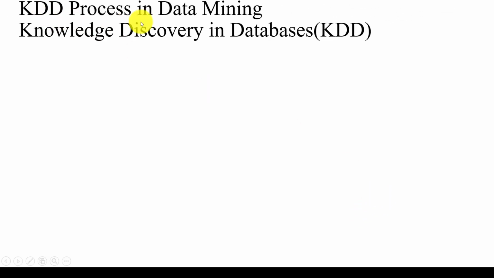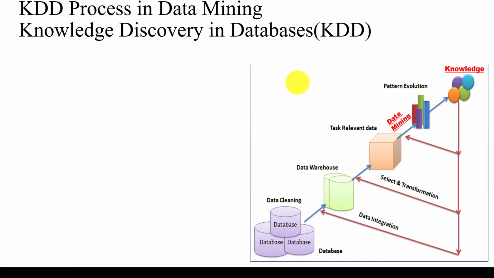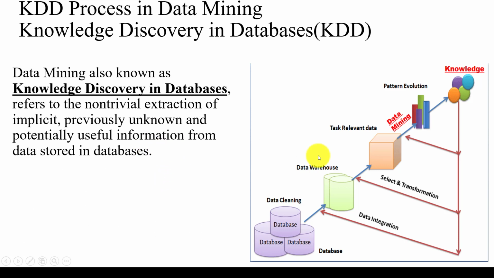Now in the KDD process in data mining, that is the knowledge discovery in database, in this diagram you can see these are the steps of KDD: data cleaning, data integration, selection and transformation, data mining and pattern evaluation, and knowledge. Now these are all the steps of KDD, but before understanding these steps, let's understand what is KDD.